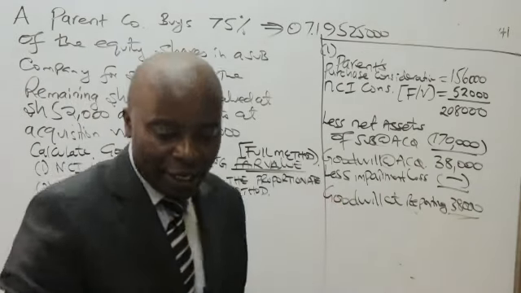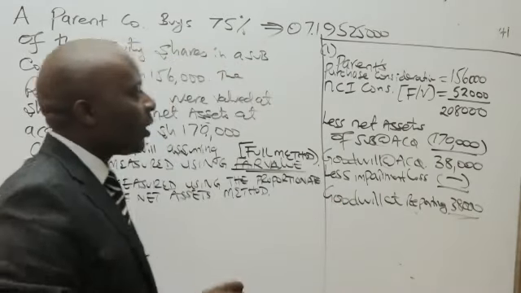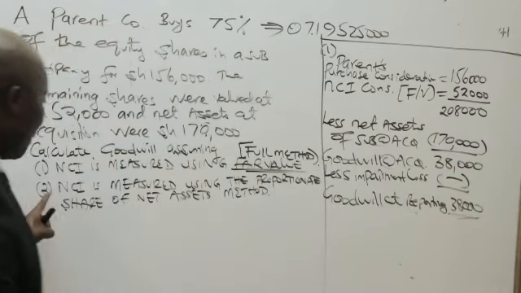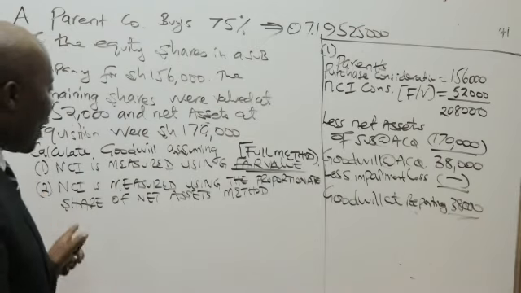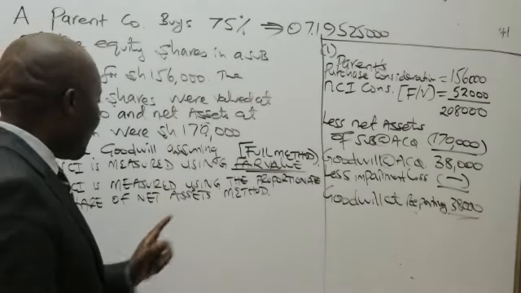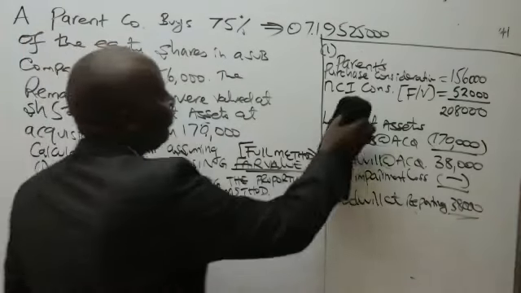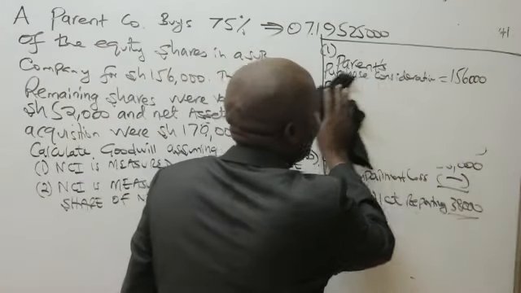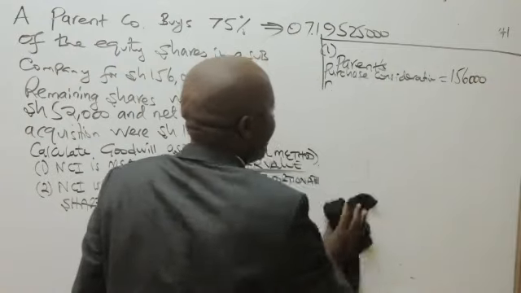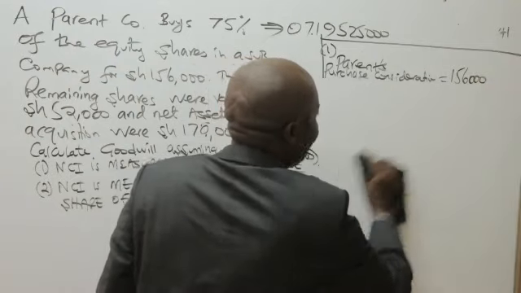And if it is clear, then allow me to look at the second method. The second method here is where they want us to value NCI using their proportionate share of net assets. Now, ladies and gentlemen, everything else here remains the same.